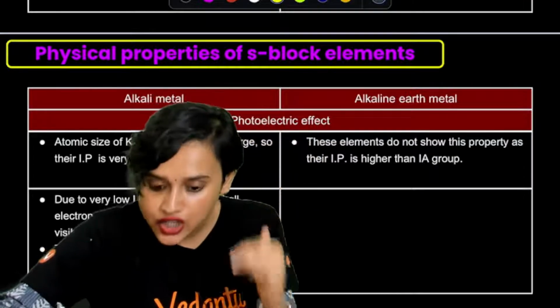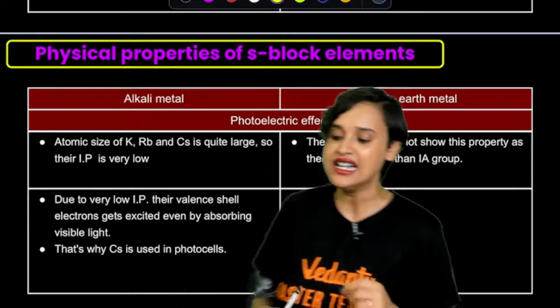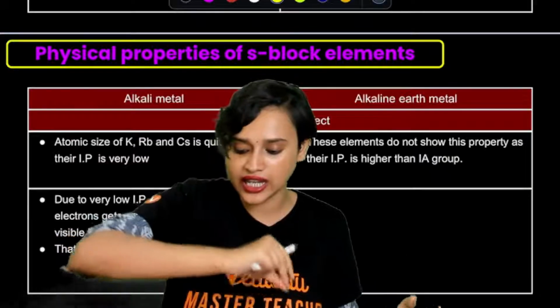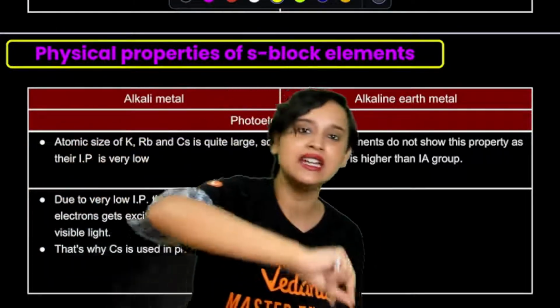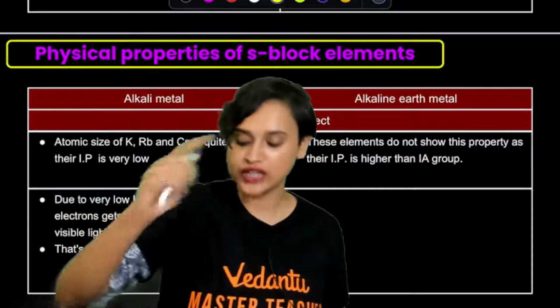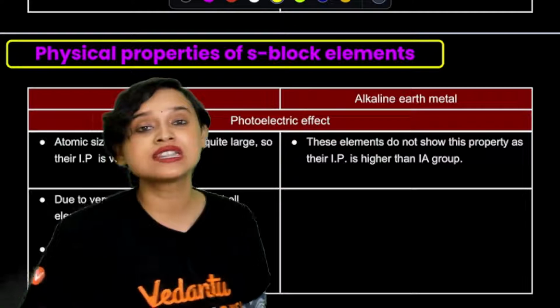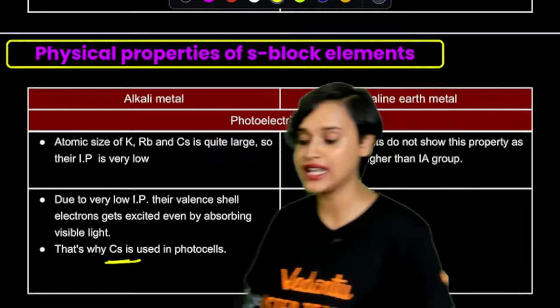Because they have such low ionization energy in their valence shell, even a very low energy of light can make them release their electrons. That is why cesium is used in photocells.